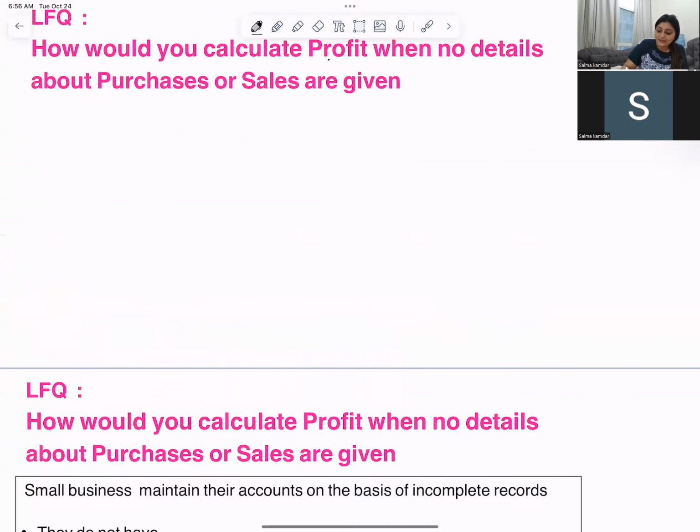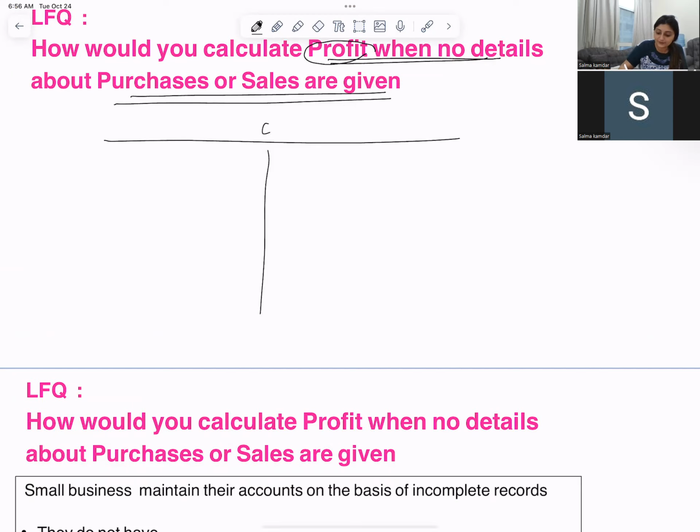Now, how would you calculate profit when no details of purchases and sales are given? This is very simple. If no details of purchases and sales are given, profit is calculated by preparing the capital account. You will have your opening capital on the credit side. You will have the closing capital on the debit side. If you have any drawings, it will be over here.